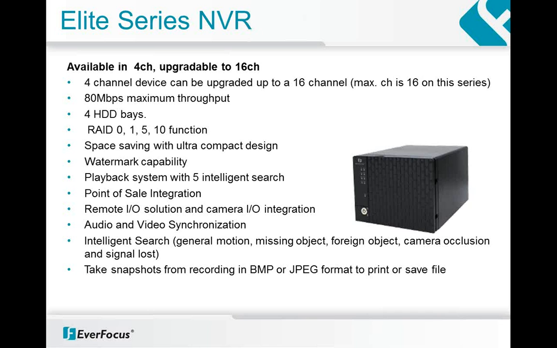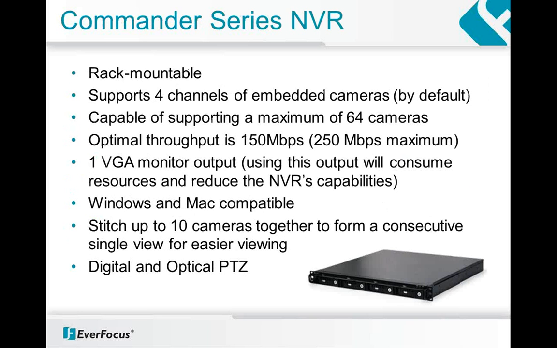The Elite and the Commander are both Linux embedded devices. The Commander series is more of our enterprise-level device. From the picture on the bottom right, you'll see that it's more of a blade server.